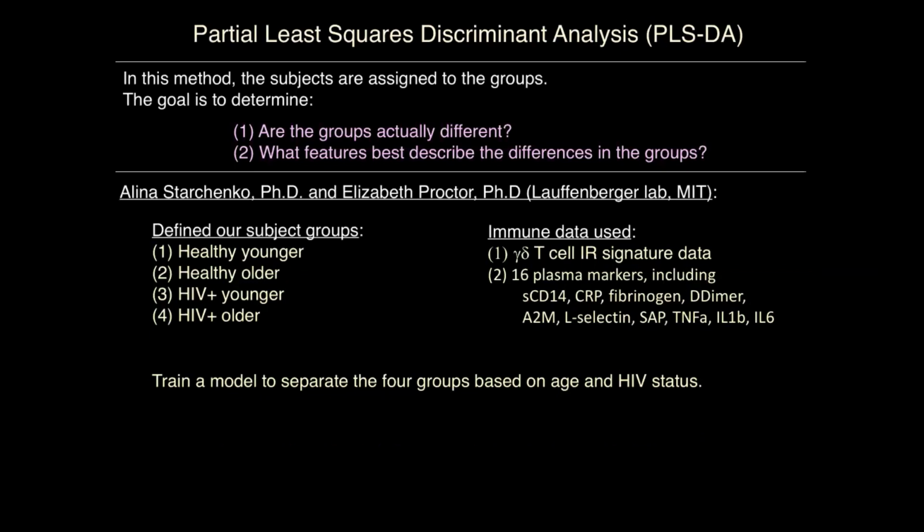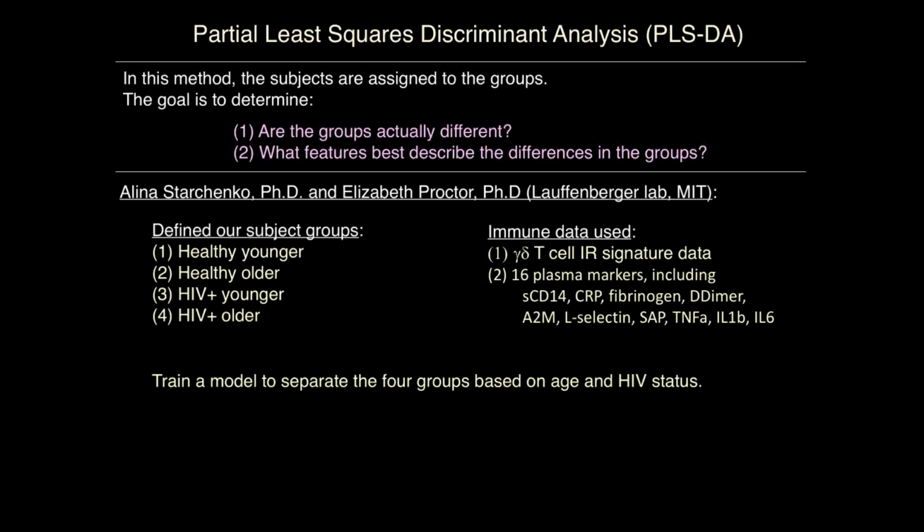And at this point, we went back from our in vitro system to the patient data, and put together our inhibitory receptor signature data with measurement of 16 markers of inflammation and cardiovascular disease in our subject plasma. Because remember, I said that there were biomarkers of inflammation in the plasma that track with the cardiac events and other comorbidities of age in HIV positive patients.